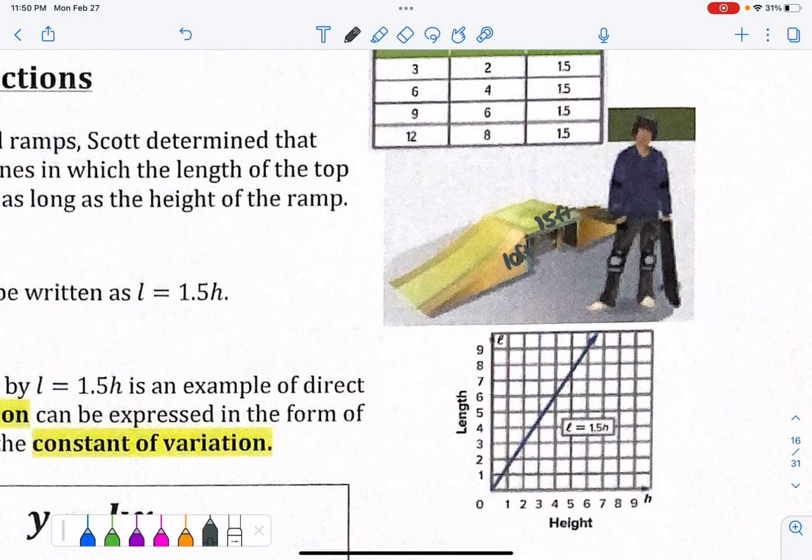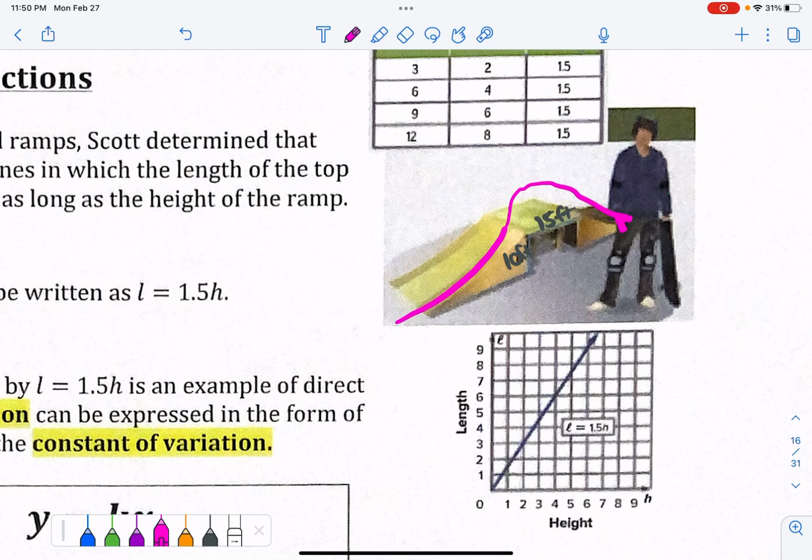There's a lot of science that goes into stuff like that because if you're on a skateboard and you go up, if this isn't long enough and it's too short, you're going to go up and come back down and already be landing at the end of this ramp. You want to go up and come back down and land directly at the top of the next ramp so that you can go down nicely.